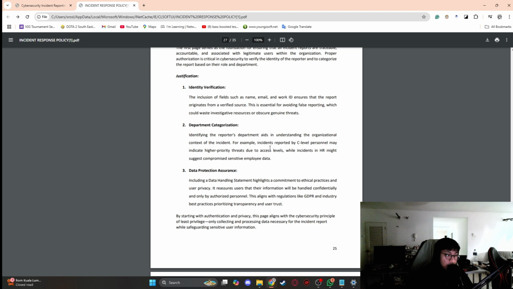Then, the department categorization. Identifying the reporter's department aids in understanding the organizational context of the incident. For example, incidents reported by C-level personnel may indicate high priority threats due to access level, while incidents in HR might suggest compromised sensitive employee data.